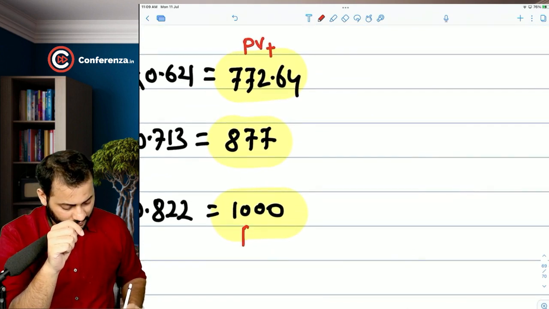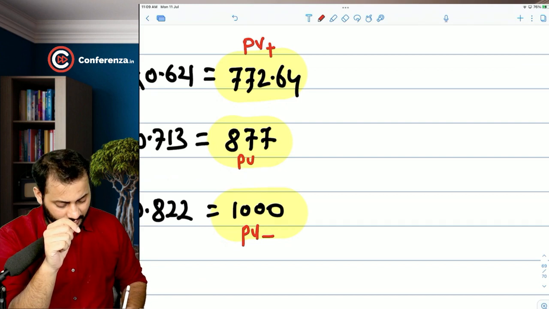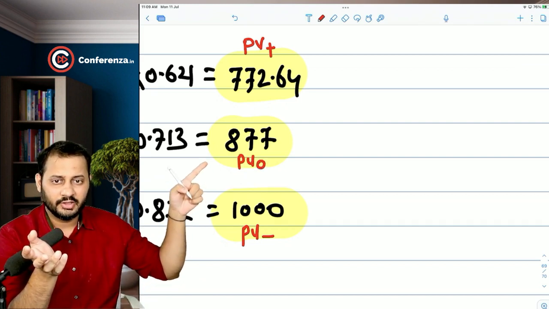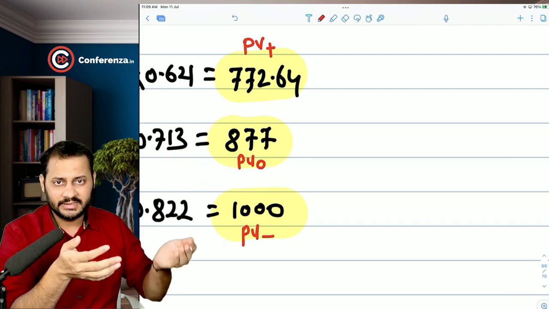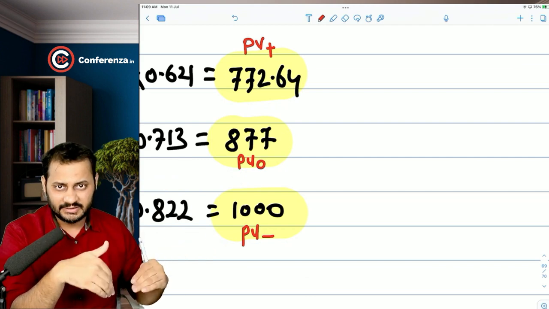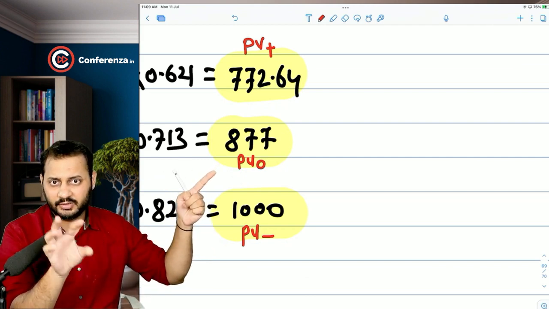Present value of the bond when we decreased the YTM, and present value of the bond without any change means the normal present value at the current yield. So PV plus means when we increase the YTM, what is the present value of the bond? PV minus means when we decrease the YTM, what will be the present value? And PV0 is the present value at current YTM.